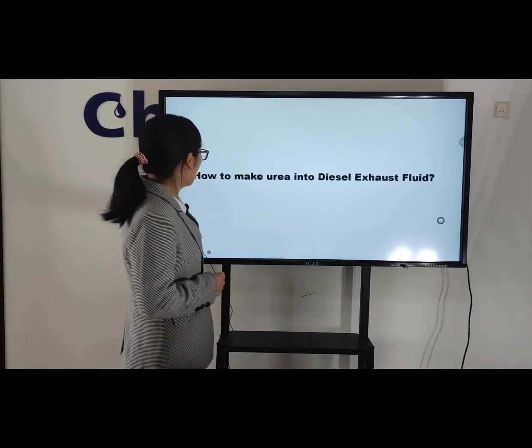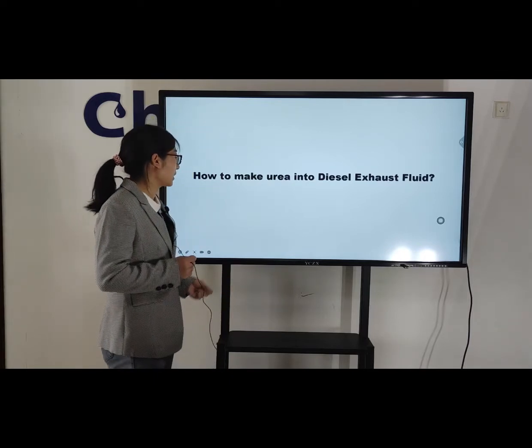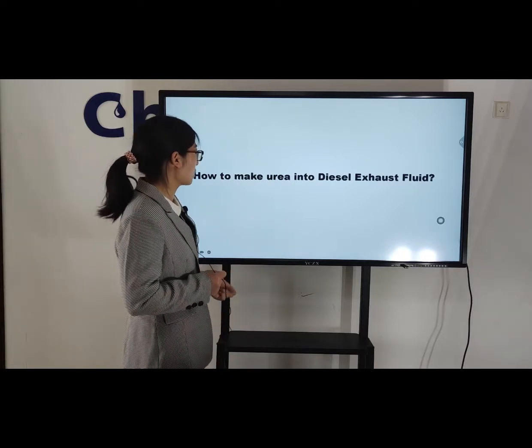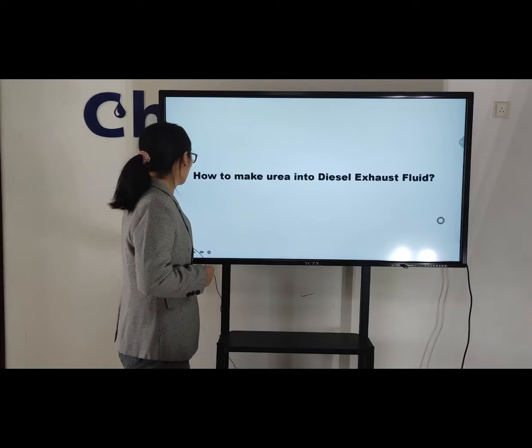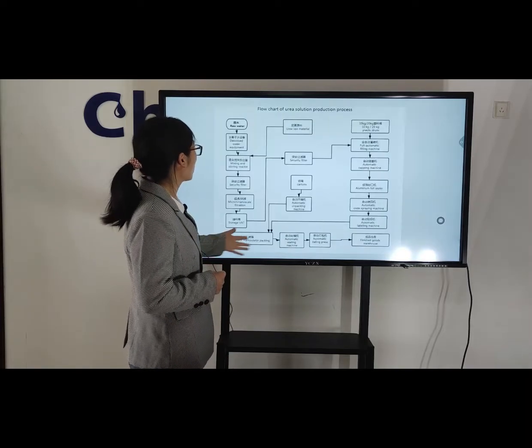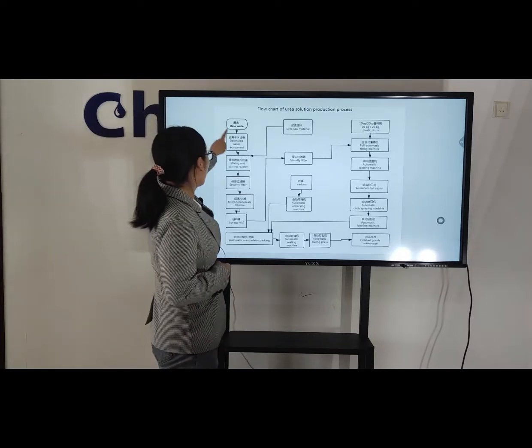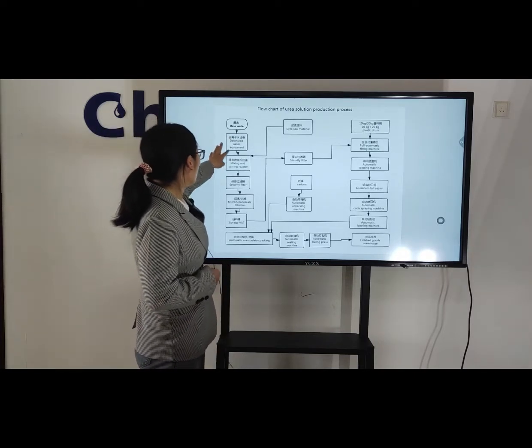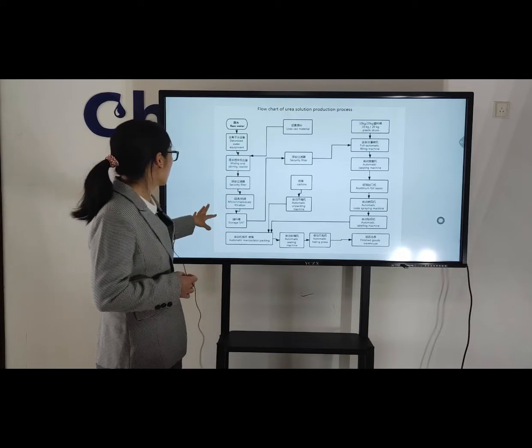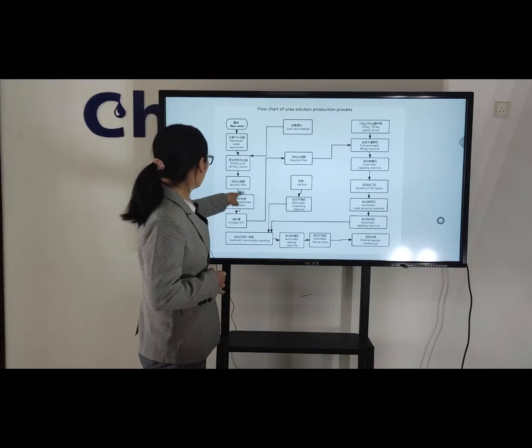And here we will talk about how to make urea into diesel exhaust fluid, which is also AdBlue. Here is the whole procedure. Firstly, the raw water, we get it treated and it becomes deionized water. And here's also a security filter.